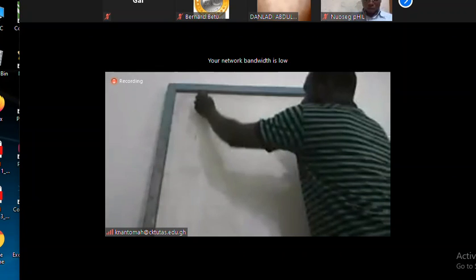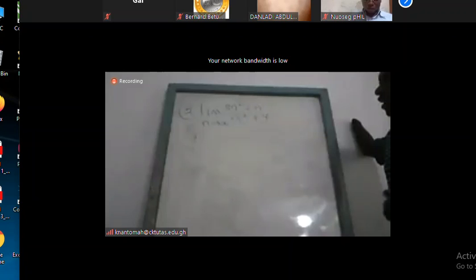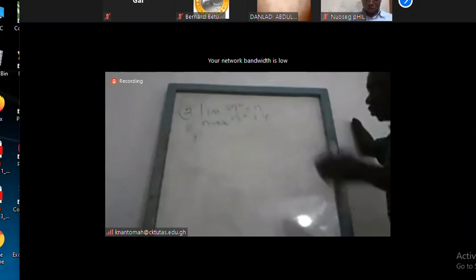Second example, we want to evaluate 3n squared plus n all over n squared plus 4. We want to evaluate the limit or compute the limit.